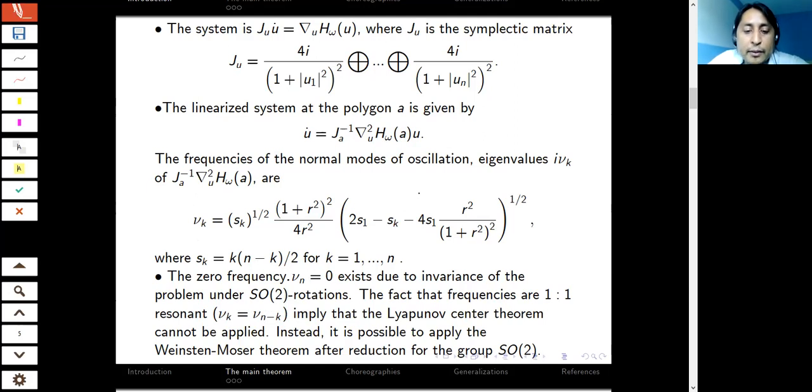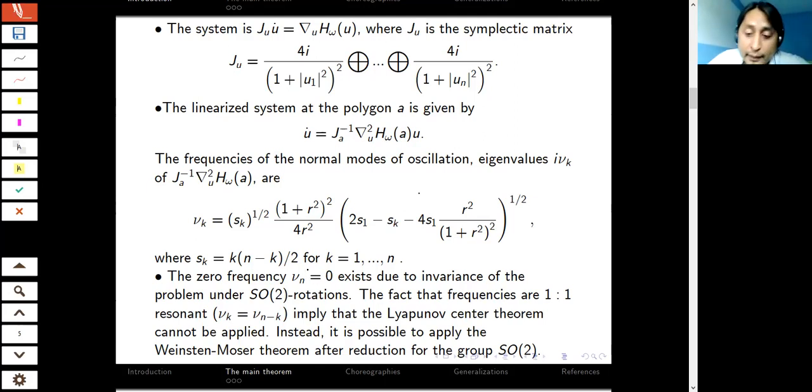Having a frequency 0 is bad for the Lyapunov-Center theorem, and having a one-to-one resonance is also bad for applying it. The Lyapunov-Center theorem requires not having resonances, not having these 0 eigenvalues.